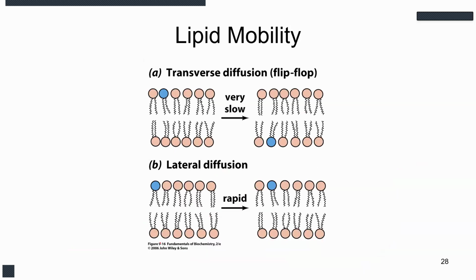Now, movement of lipids, or glycerophospholipids or sphingolipids, within a lipid bilayer. If we're going from this side to this side, we'll refer to these sides as leaflets.